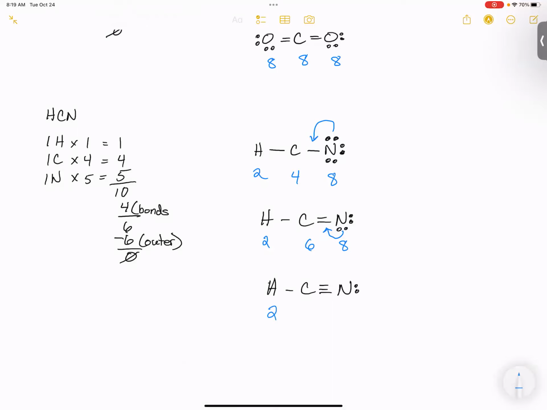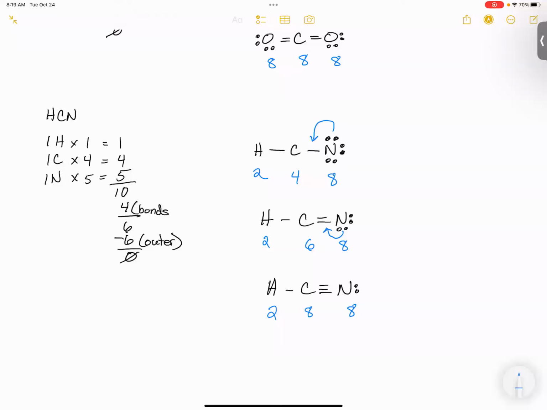The carbon now has a total of 8 because it has 6 in the triple bond and it has 2 in the single bond for a total of 8. And our nitrogen still has 8 because it has 6 in the triple bond and 2 in the non-bonding lone pair. So this is the structure for hydrogen cyanide.